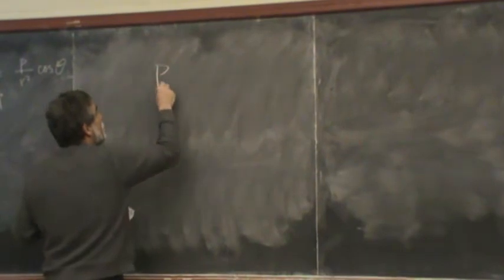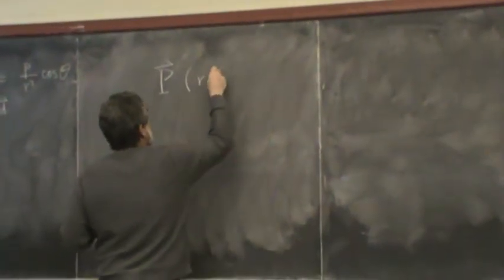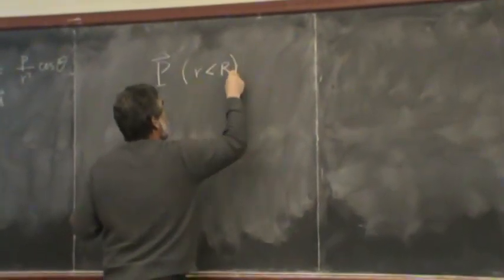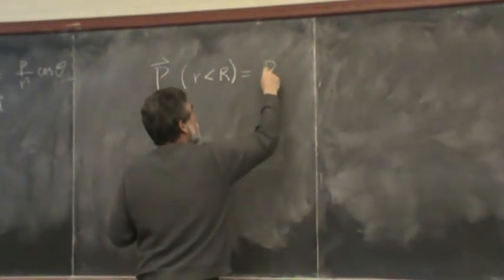So, let's start with an example from which we'll work out some other definitions. Let us say that the polarization of our material inside of a sphere is just a constant.